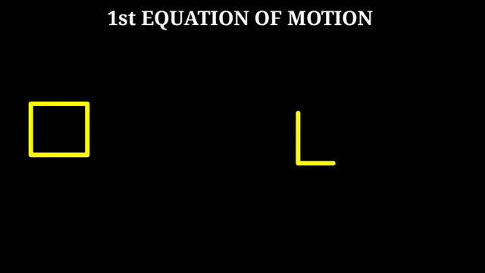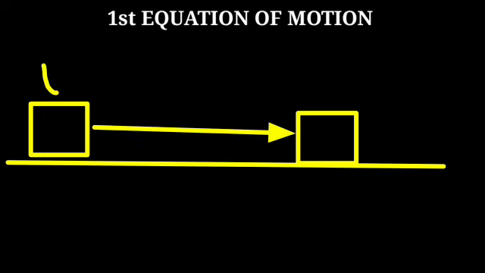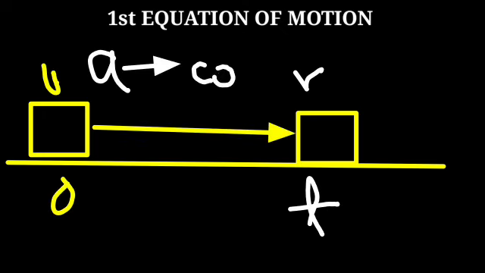The first equation of motion, relating final velocity to initial velocity, acceleration, and time. Imagine you start with an initial velocity. Let's call it u. Then you experience a constant acceleration, let's call it a, for a certain amount of time t. What will your final velocity v be after that time? Well, we know that acceleration is the rate of change of velocity.